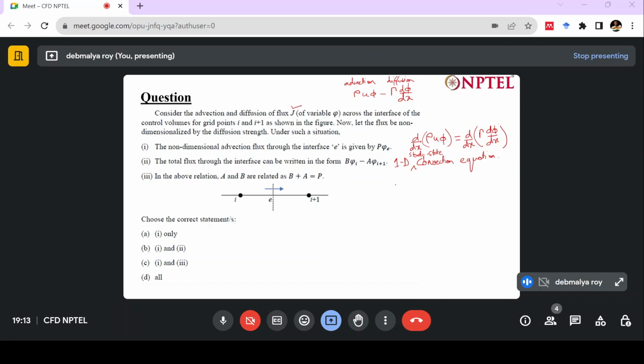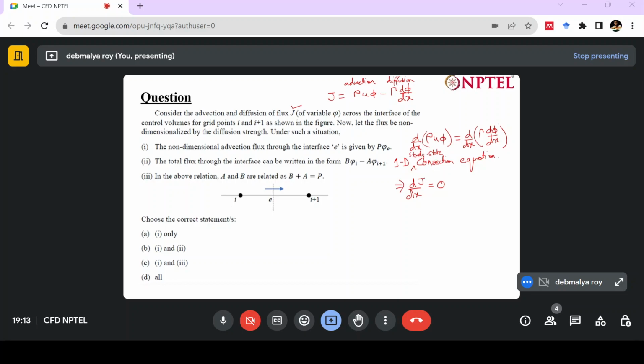This, if you rearrange, can also be written as, if this is our J, and if this is rearranged, this repeats this.